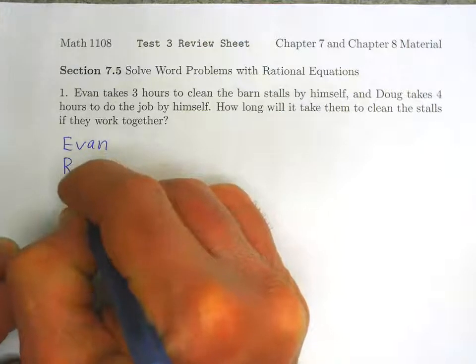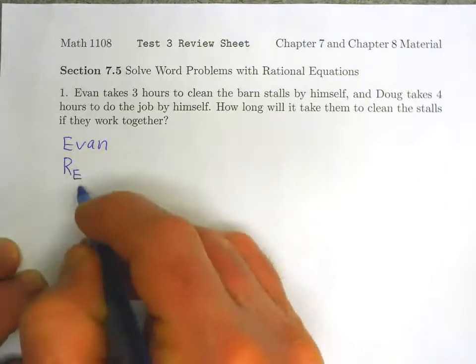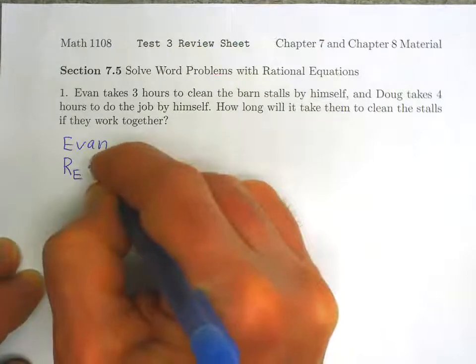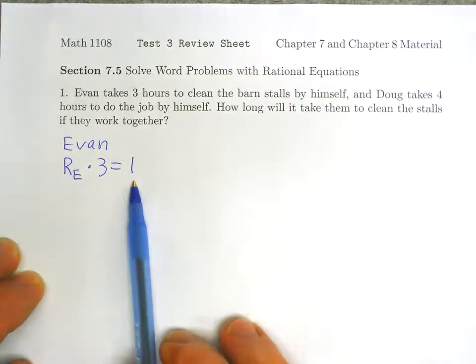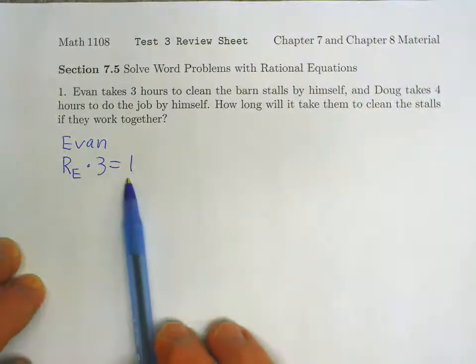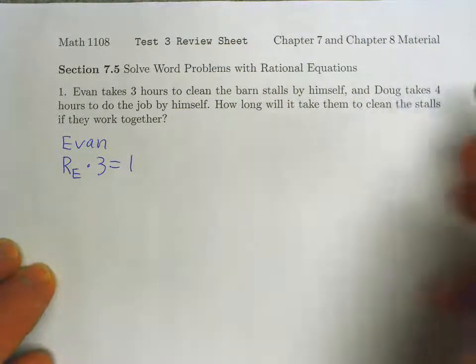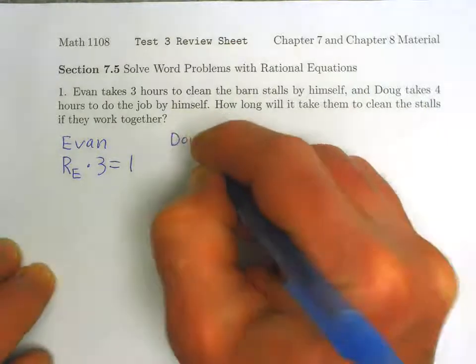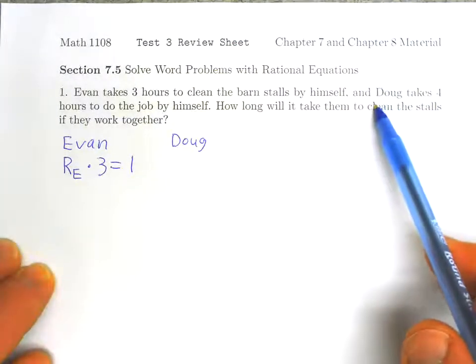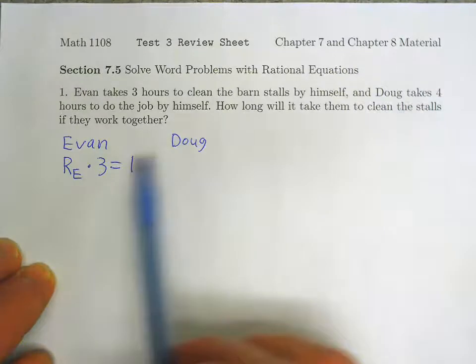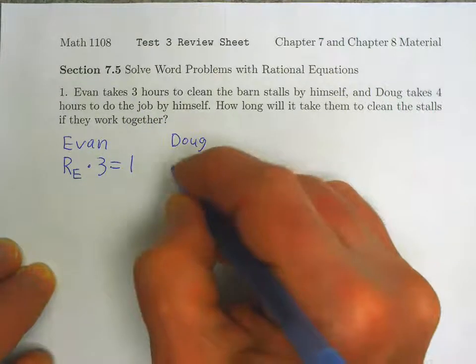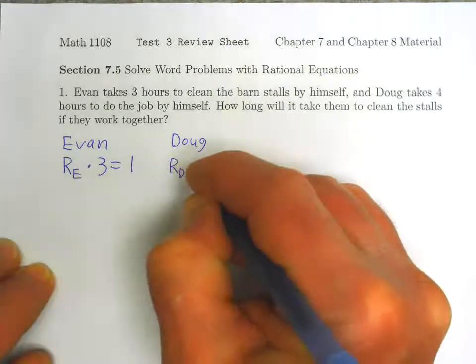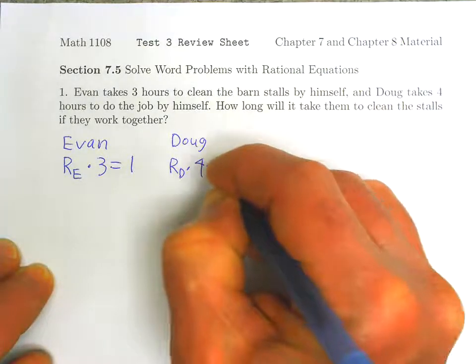So Evan works at his rate, R sub E for Evan's rate, multiplied by 3 hours equals the completion of one job. So rate times time equals 1 for Evan. For Doug, we're told that Doug takes 4 hours to do the same job by himself. So Doug's rate, R sub D, times 4 hours equals 1.